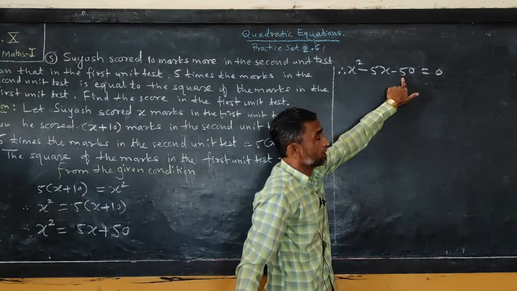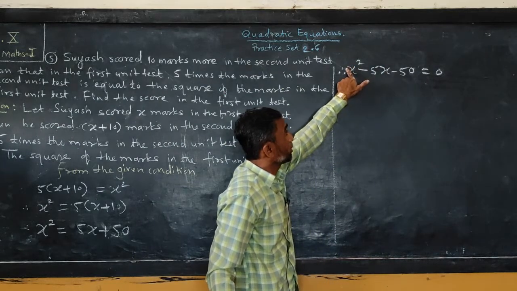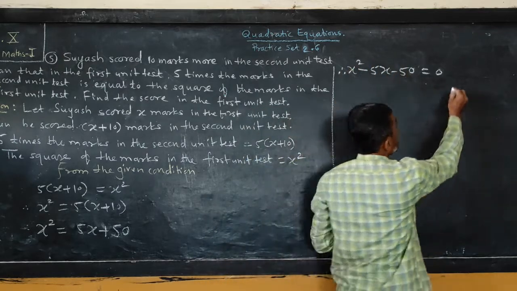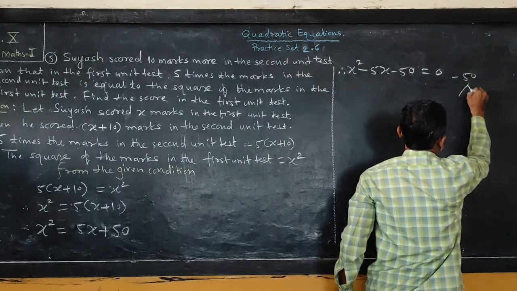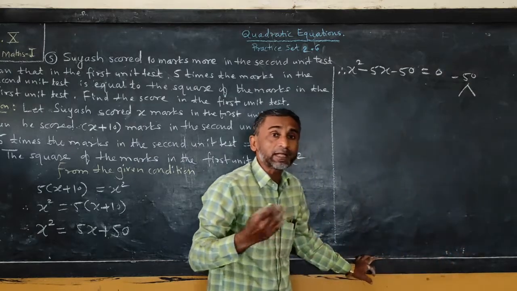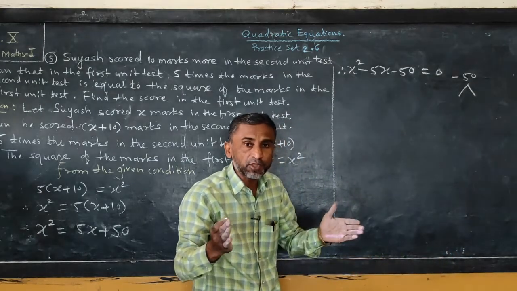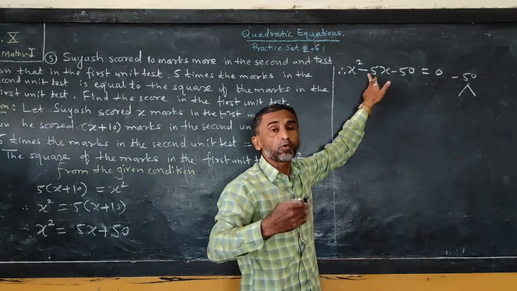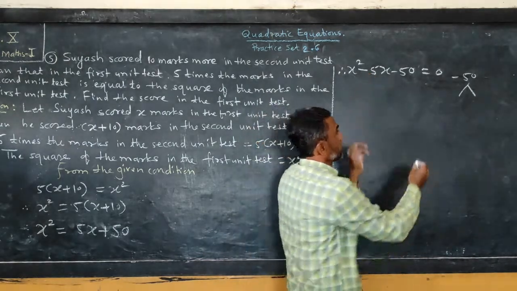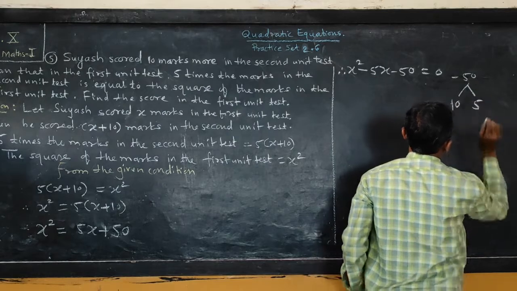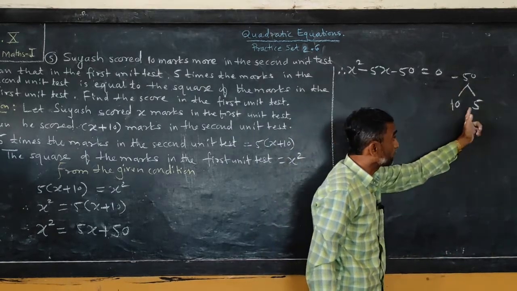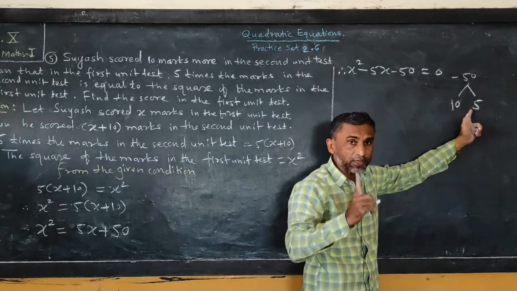So, look at the constant term, because the quadratic coefficient is 1. Find the factors of the constant term minus 50 such that the product should be minus 50 and the addition of these two factors should be minus 5, which is the coefficient of the middle term. So 10 fives are 50, but we want minus 50, so one of these should be negative.